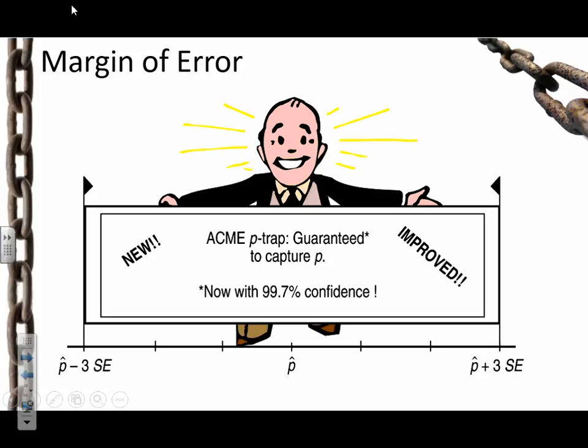Now notice, we could create a more accurate interval in terms of making sure we have a better chance of capturing our true mean or our true proportion. So notice with this one, we now have 99.7% confidence. But in order to reach that confidence, what did we have to do to our interval? We had to reach out farther.